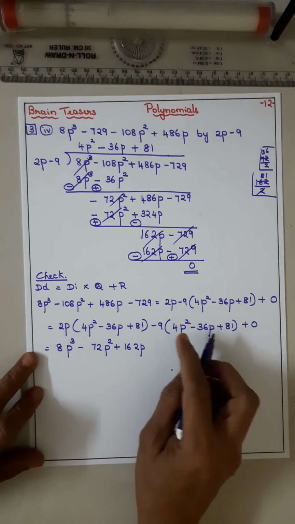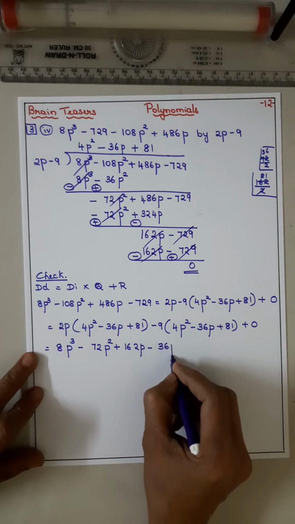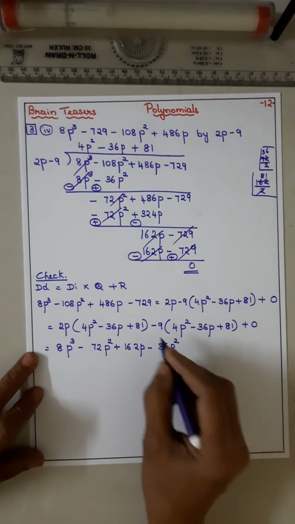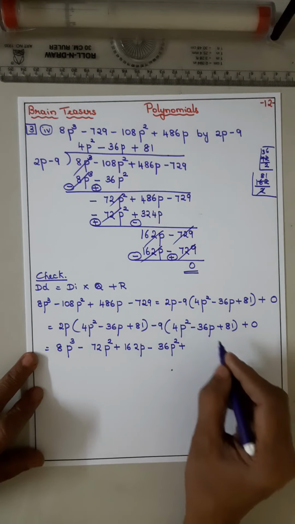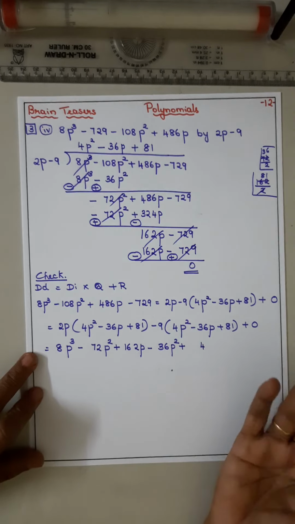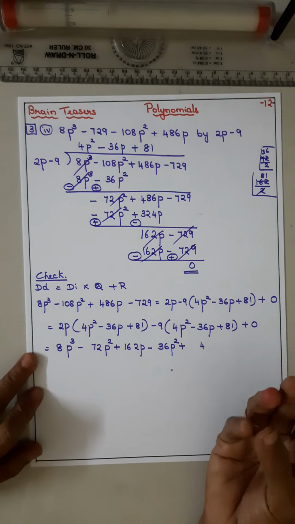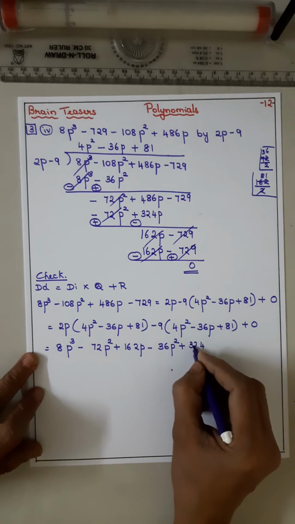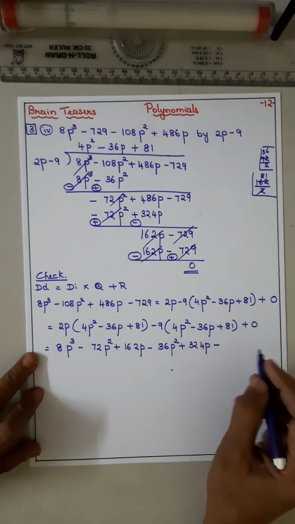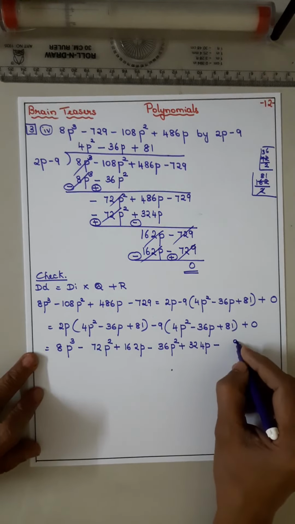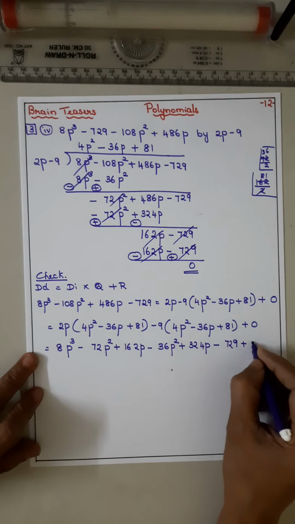Now minus plus minus, 9 fours are 36, p squared, minus minus plus, 9 sixes are 54, 9 threes are 27, 28, 29, 30, 31, 32. P, minus plus minus, 9 ones are 9, 9 eights are 72 plus 0.